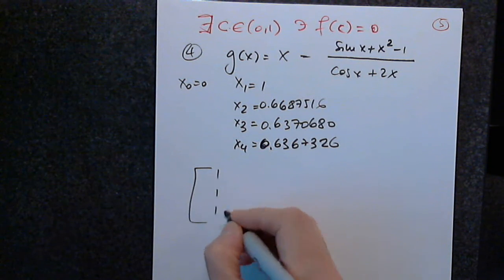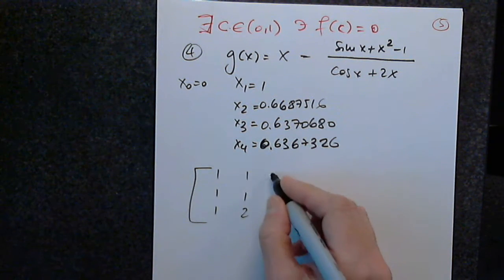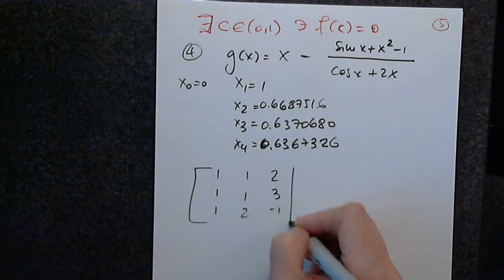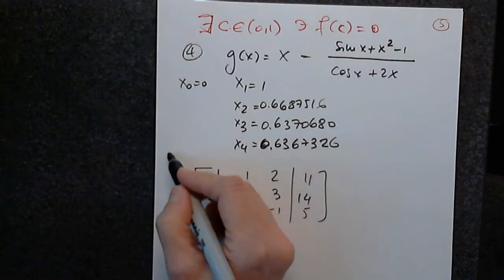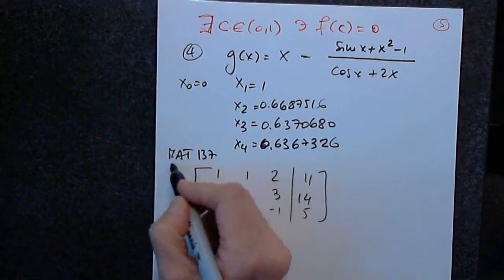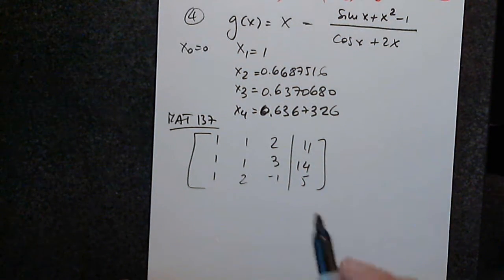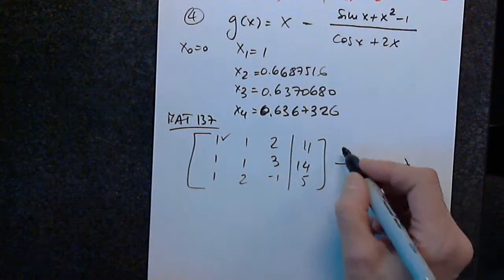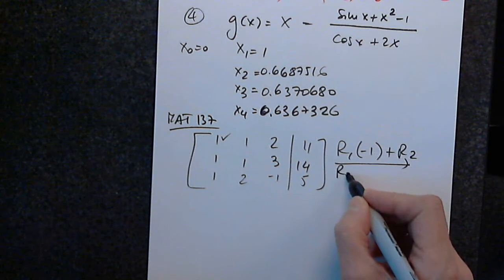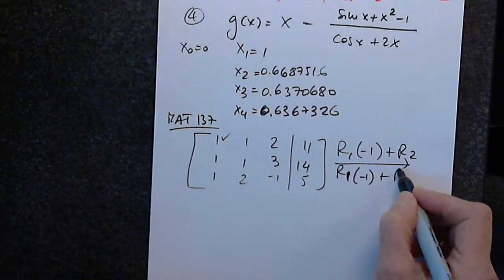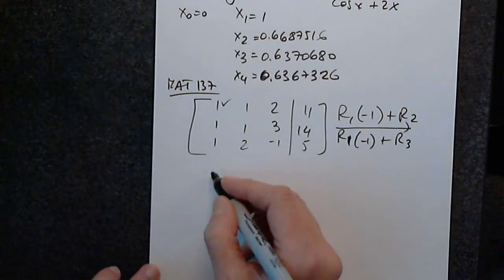So is this 1, 1, 1, 1, 1, 2, 2, 3, negative 1, and 11, 14, 5, correct? Yeah. Okay. Good, so I have this already. I'm using row 1 to add it to row 2 with negative 1, correct? Yep. And row 1 again with negative 2 to add it to row 3, correct? Okay.